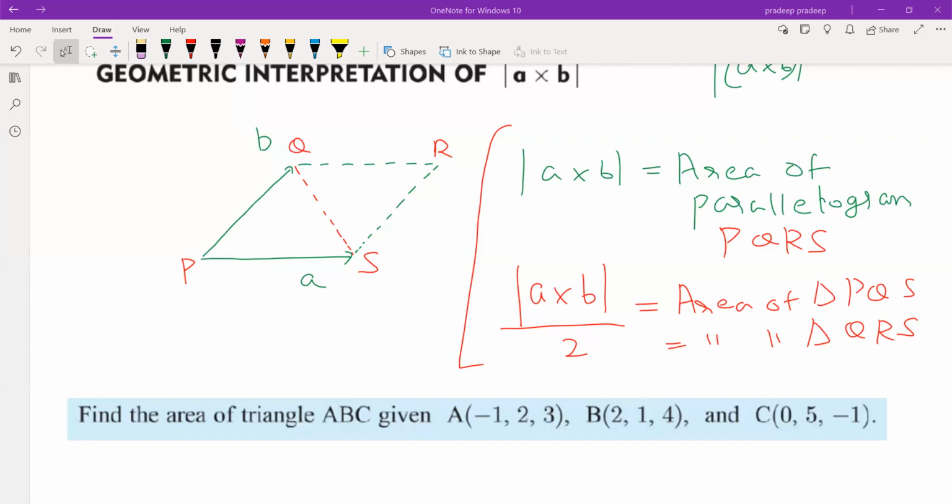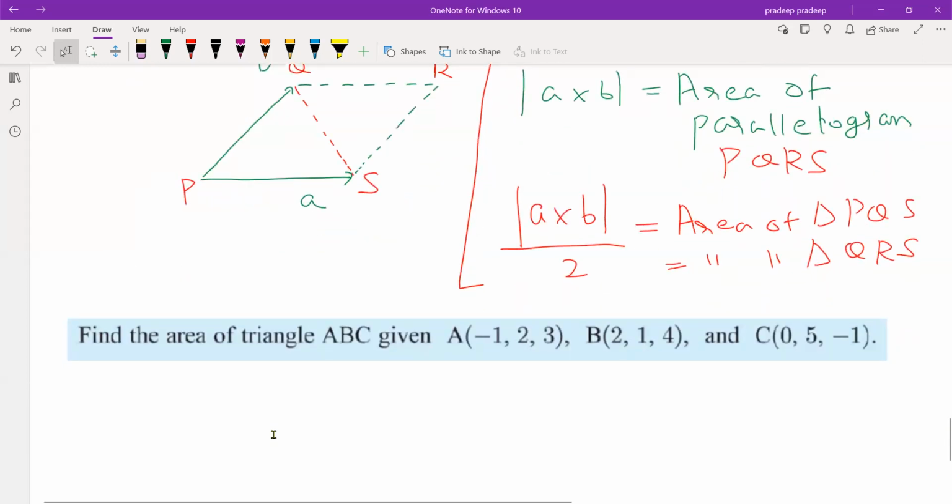Okay, so Sheldon, are you able to get an approach at least for this question? Not really, but I know that we're supposed to get the magnitude of A cross B, so we have to find two such vectors. Right, this type of question we have already done in this class.